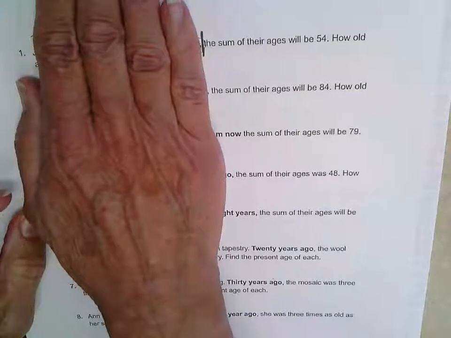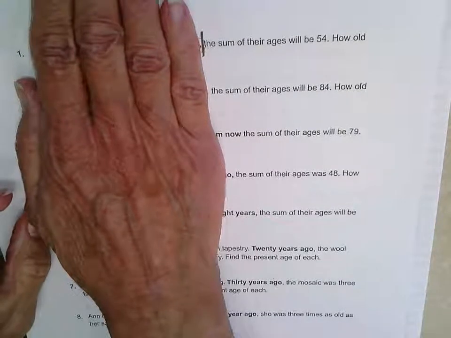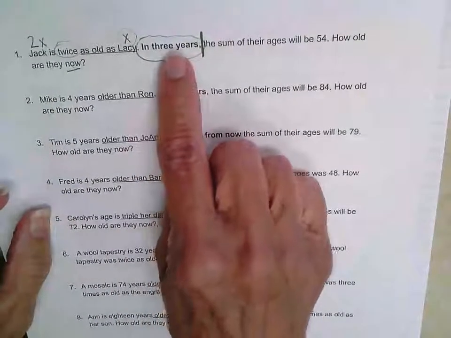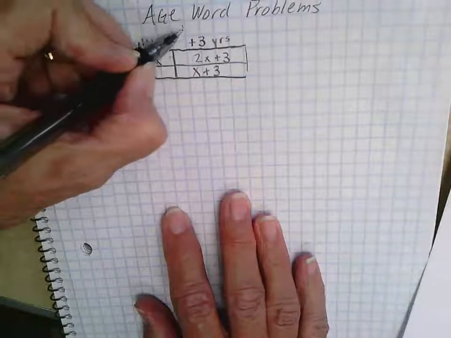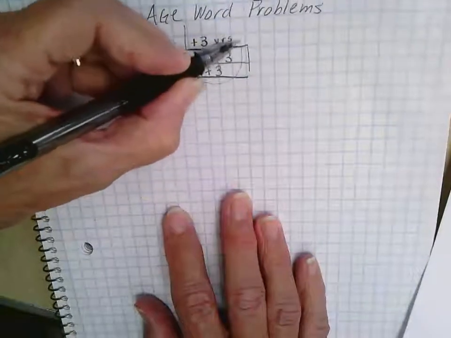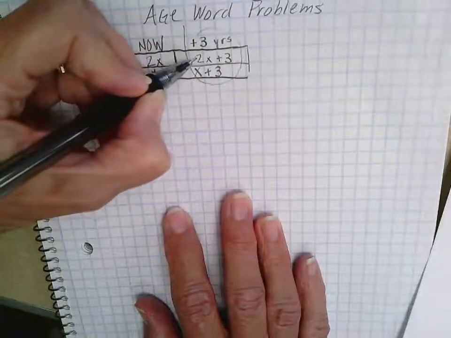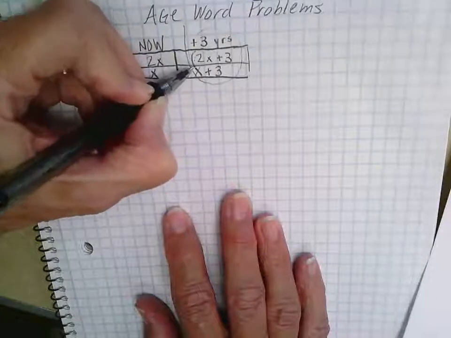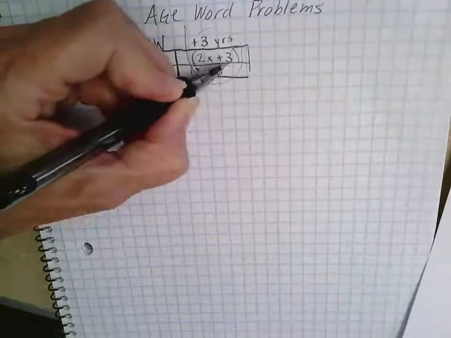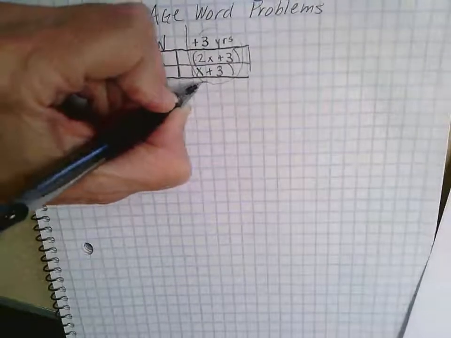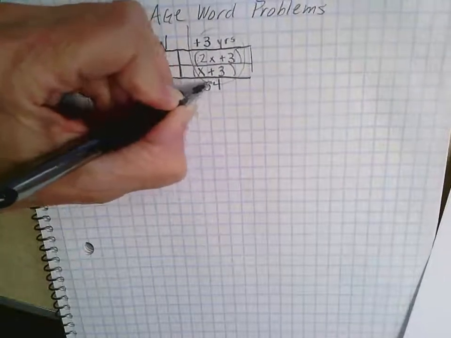The sum of their ages will be 54. In 3 years, the sum of their ages will be 54. So if I take this part that I have right here, and I add this expression and this expression, I should get an answer of 54.